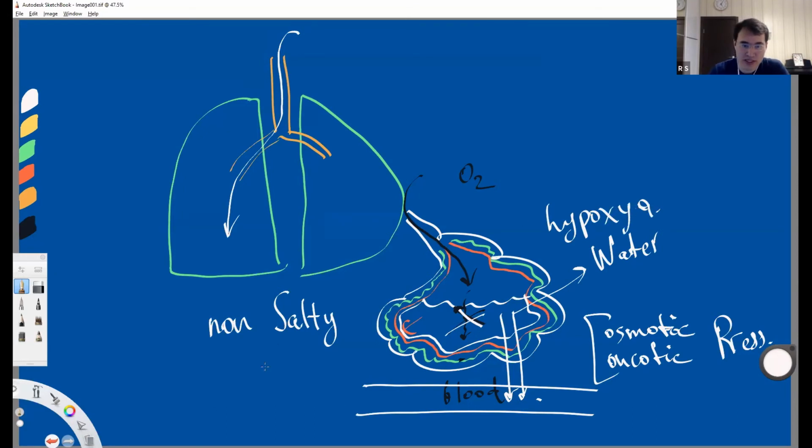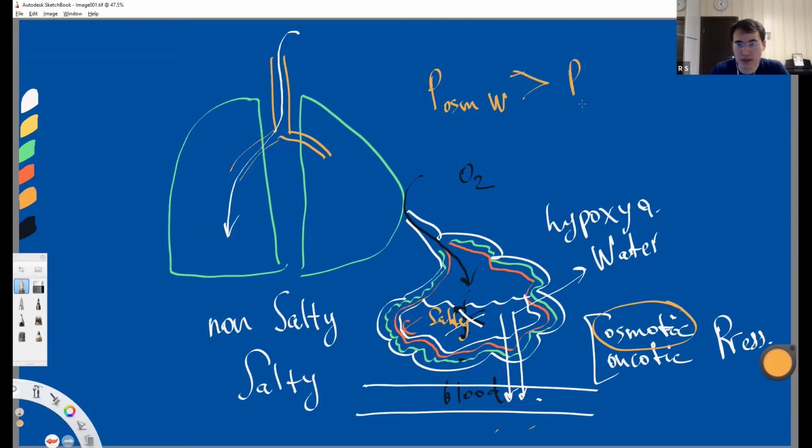So also we can have salty water here, and it is much worse because if we have salty water here, the osmotic pressure of this salty water is much larger than the osmotic pressure of the blood.